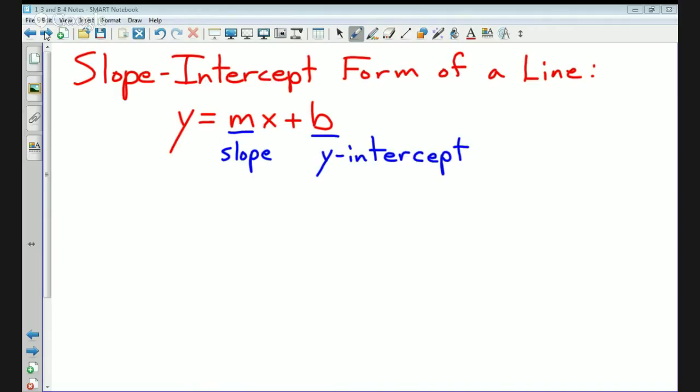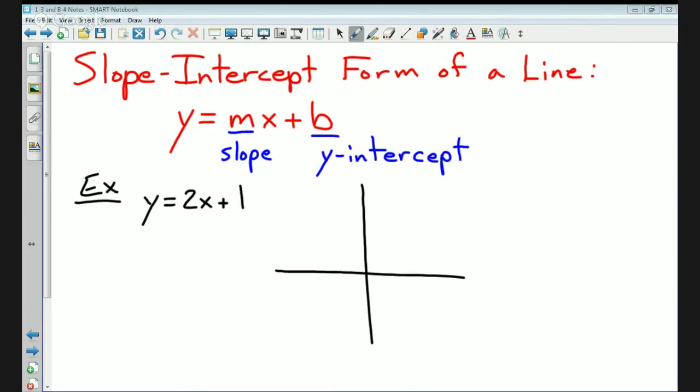So how does this work in general if you're given slope-intercept and you want to sketch it? For example, if we had y equals 2x plus 1, I would first come over here to my xy coordinate axes, and I would say, all right, the y-intercept, the b, is 1. So on the y-axis, at 1, I know that the line is going to go through there.